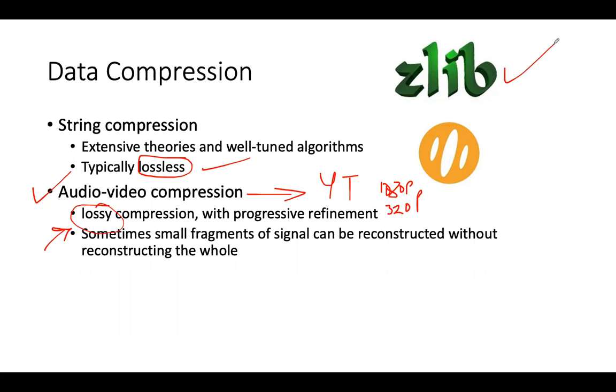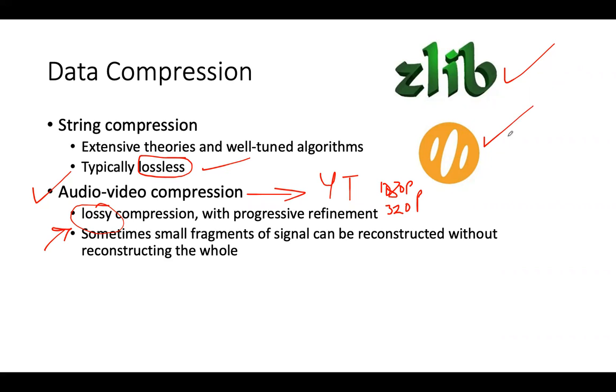And then of course, string compression. I think this is one of the best algorithms that uses lossless. You can look at an example here, zlib. It's a data compression software, like gzip, that combines Huffman coding, very popular. We also have Brotli, a lossless data compression developed by Google.